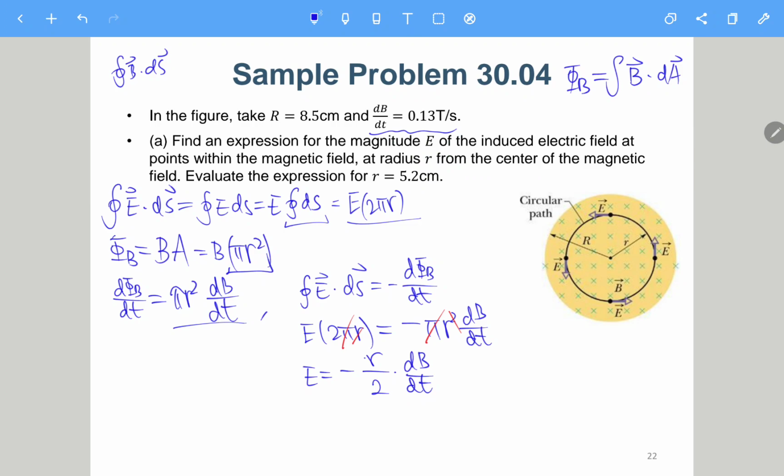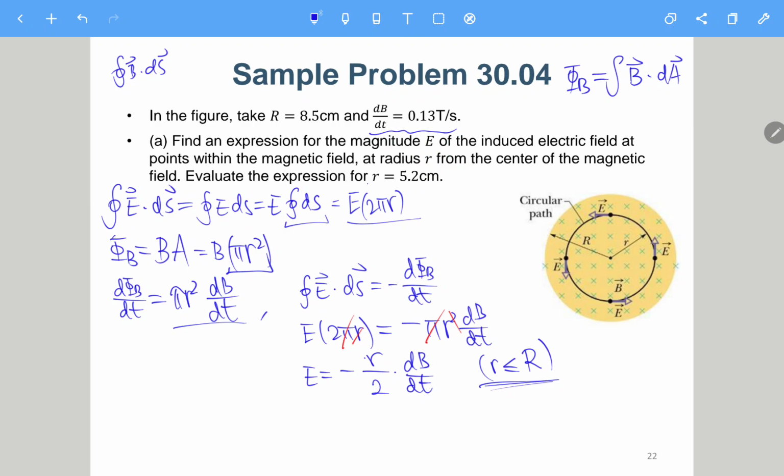This is the general expression when r is smaller than or equal to capital R. Because if it is outside, then for dΦB this one should be capital R. If r is larger than capital R, maybe in question B. So here we talk about r smaller than capital R, so both sides have small r, and then we can do the cancellation.